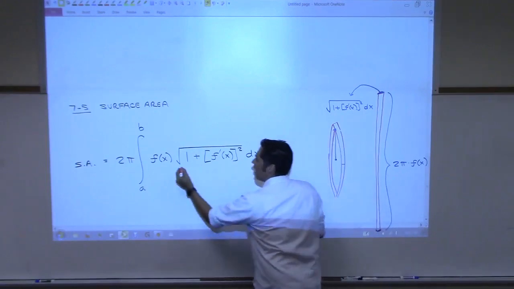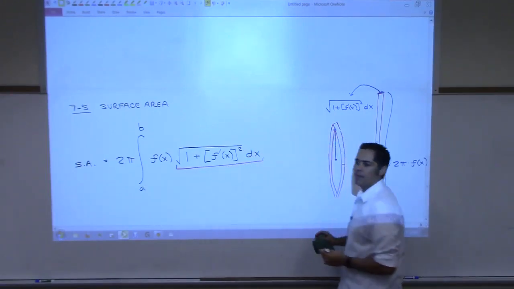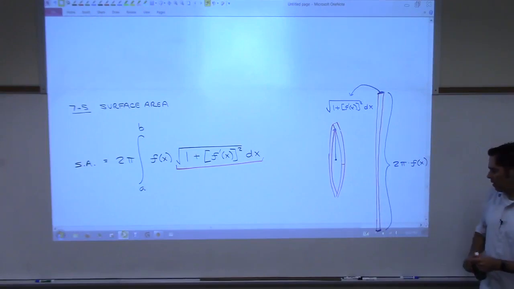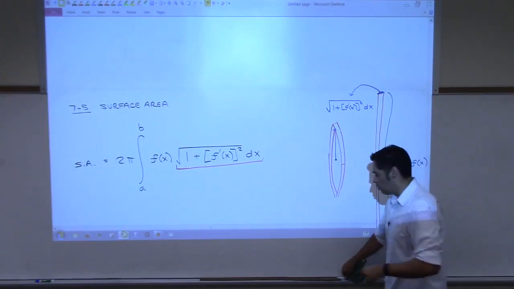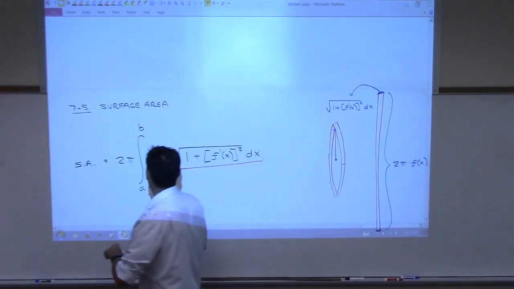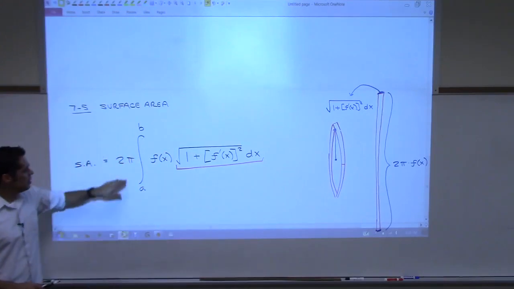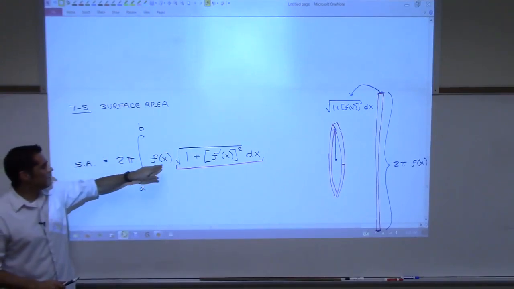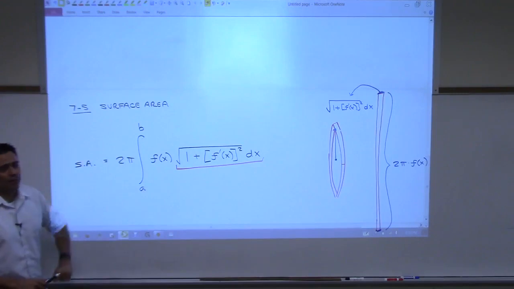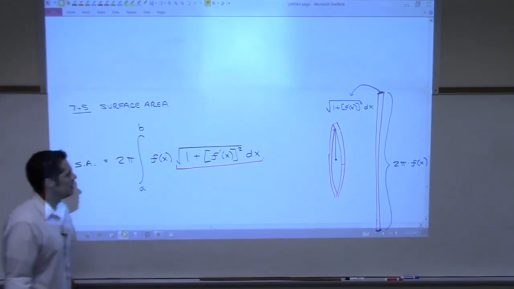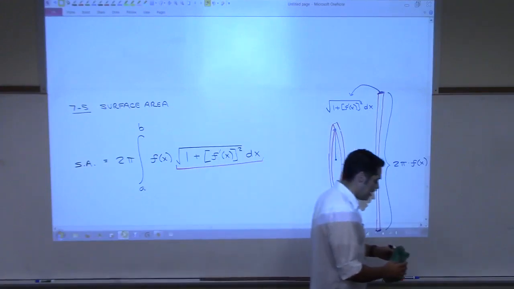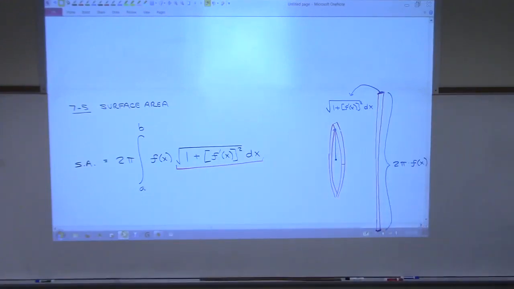So what's in red was arc length. If you want surface area after you revolve this around the x-axis, then the only change is a 2 pi out here, and you have to multiply by the function itself also. Now that may make you think, well, that's terrible because now it's even more complicated.